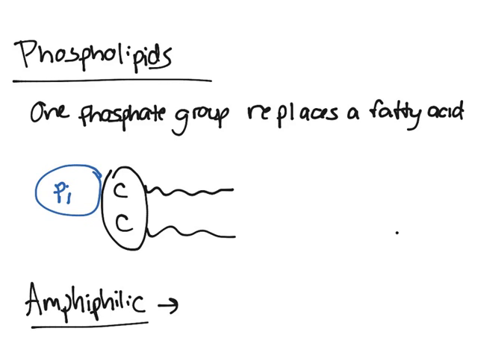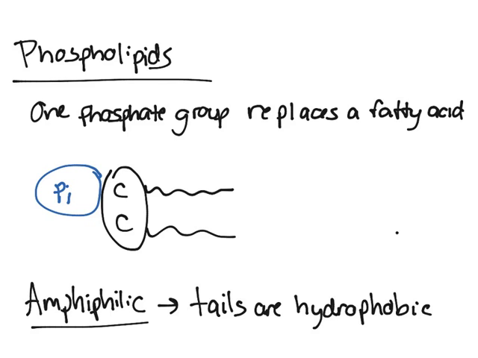And so in this case, the tails are hydrophobic, while the head is hydrophilic. And we'll get into that a lot more when we talk about plasma membranes, because phospholipids make up the plasma membranes of cells.